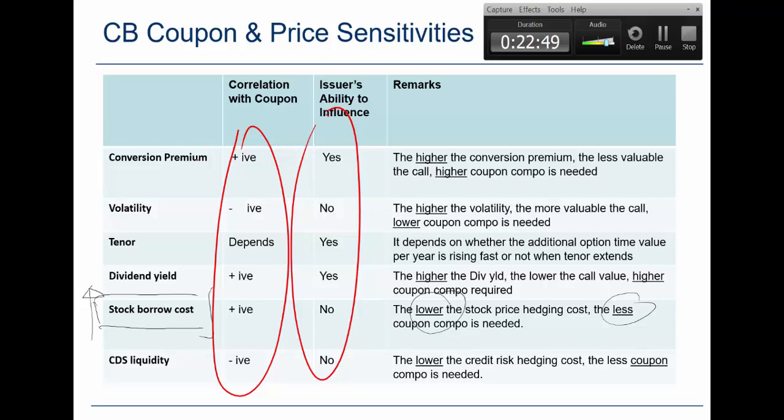So, for example, when the conversion premium is very high, so your spot price is now 100, but you cannot convert until 150, that call option isn't really worth a lot of money. So of course I want to have a higher coupon.